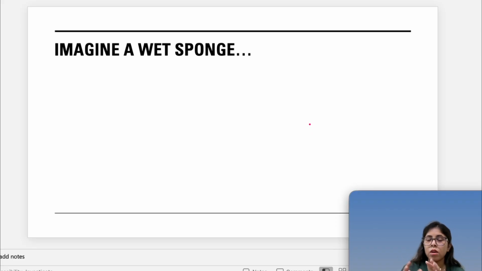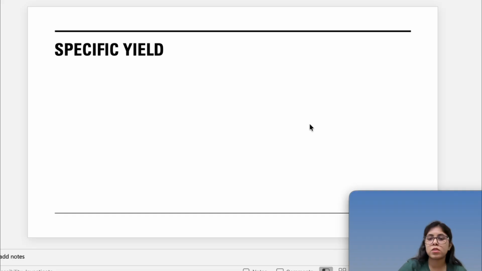So this is how the wet sponge analogy works in the case of soil. So let's move on. With this, we have learned that something we can take out, and something will be retained there. The thing that is taken out is known as specific yield, or the yield of that ground, that is, how much is coming out. So what is specific yield?